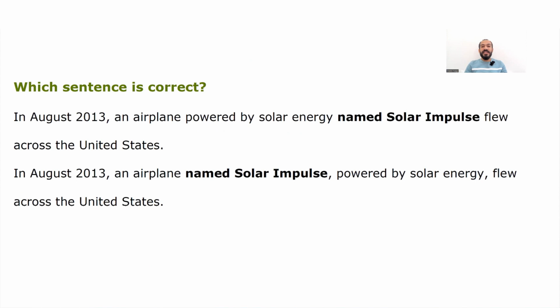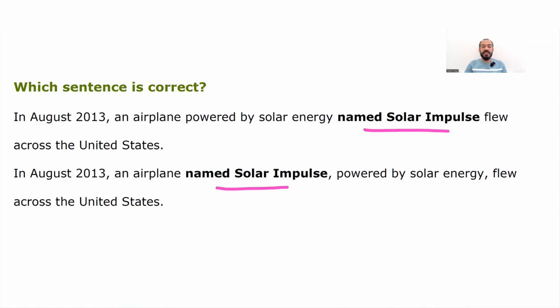Here's a different type of question that will help you get the idea. "In August 2013, the airplane powered by solar energy named Solar Impulse flew across the United States." "In August 2013, the airplane named Solar Impulse, powered by solar energy, flew across the United States." You can see the modifier is placed in two different locations.